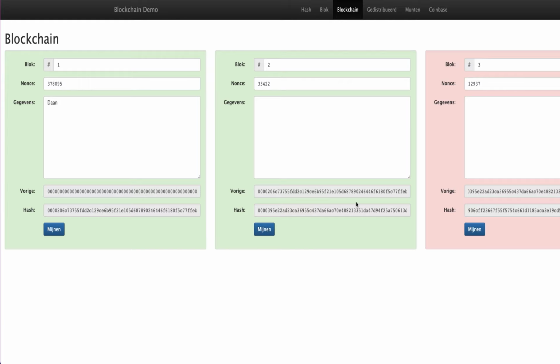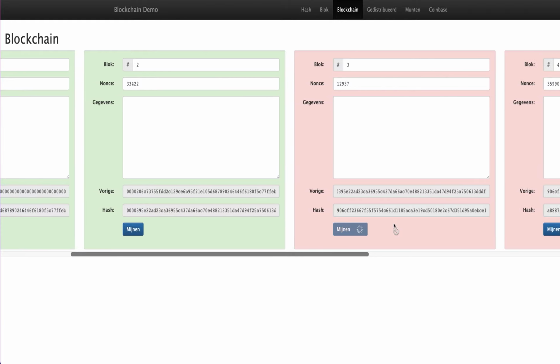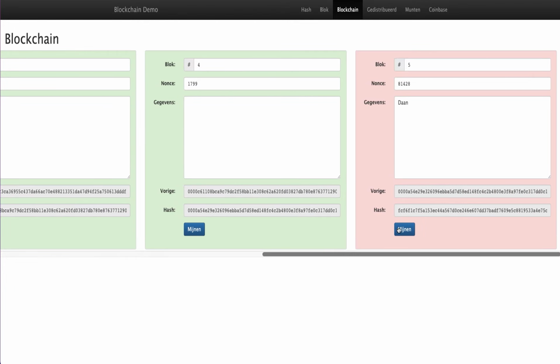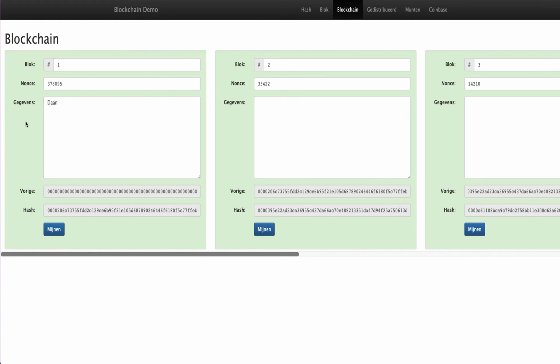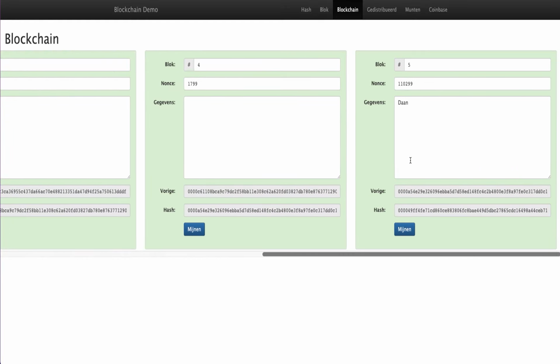Now this one was a bit faster. We need to mine every block again to get a valid chain, because I only changed one piece of data. So the further you go back in the blockchain and alter something, the more blocks you need to remine.